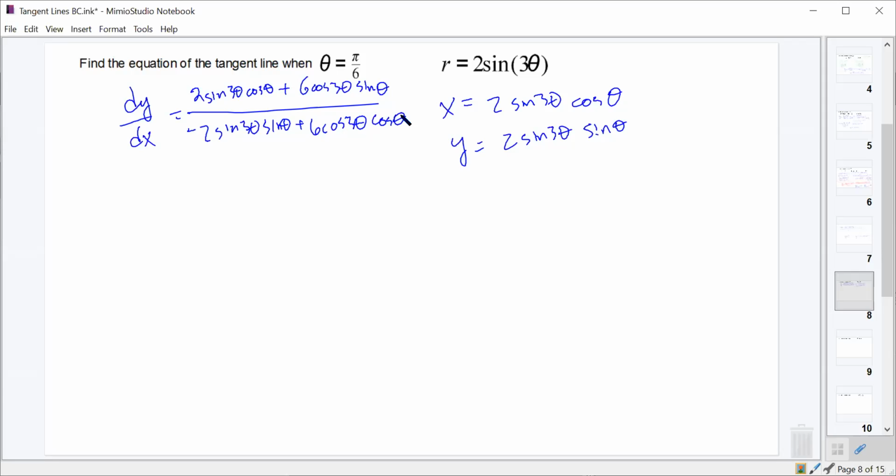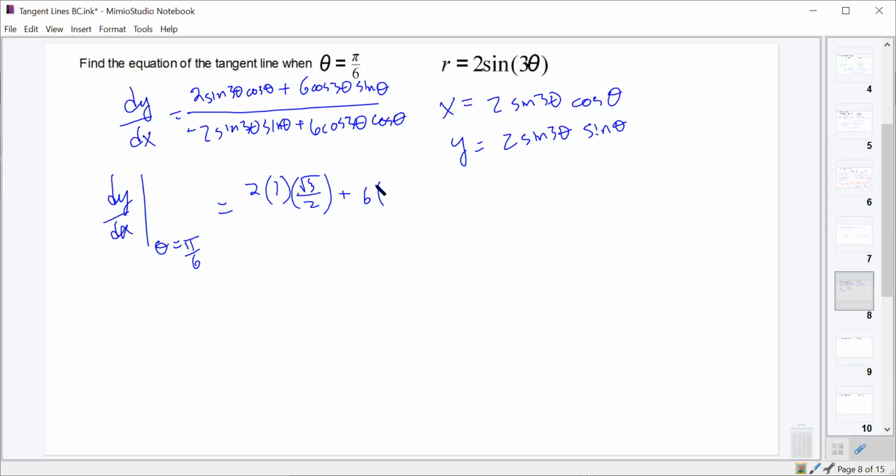Yes. All right. So dy dx at the value of theta equals pi/6 ought to give us, let's see, 2 times, what's the sine of 3 pi/6, or the sine of pi/2? 1. What's the cosine of, oh, that should just be cosine theta, it just looks like a 3. What's the cosine of pi/6? 3/2. Good. And then we got 6 times the cosine of 3 pi/6.